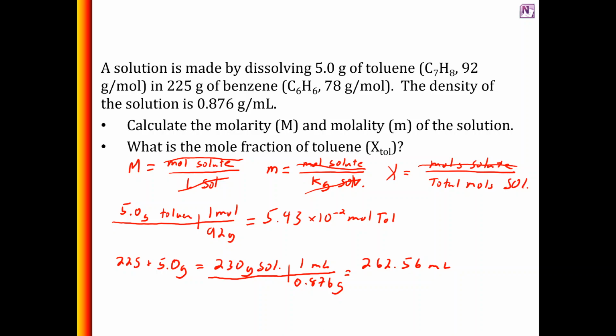So the moles of our solvent, I'm going to try to write it real small over here in the corner. I'm so sorry, that's really the only space we have left. 225 grams, and just use our molar mass. So for every 1 mole, there's 78 grams. So 225 divided by 78 gives me 2.88 moles.